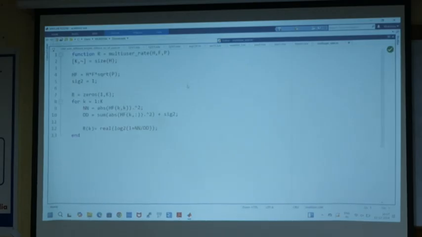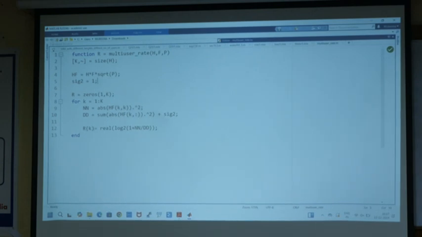So I have taken the first dimension of h, that is k, using the size. The second dimension I do not care about, so I have written tilde. Then I have calculated this product HF into square root of P, sigma square, that is the noise power, equal to 1, and I calculate the rate for each user separately.